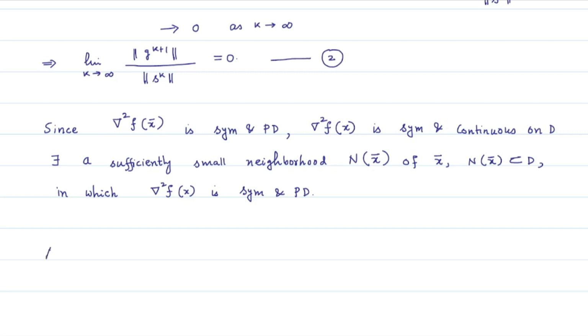Now, as we have assumed that the sequence xk converges to x bar for the forward part, there certainly exists some index number, say k naught, such that this sequence xk belongs to this neighborhood for index number greater than or equal to k naught.